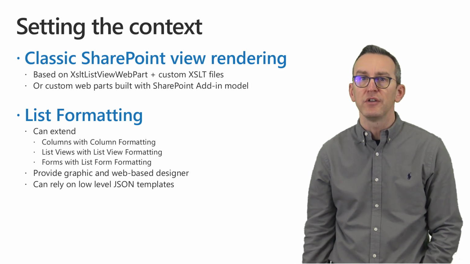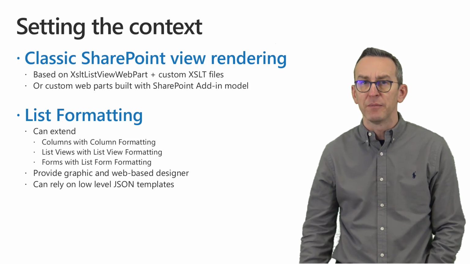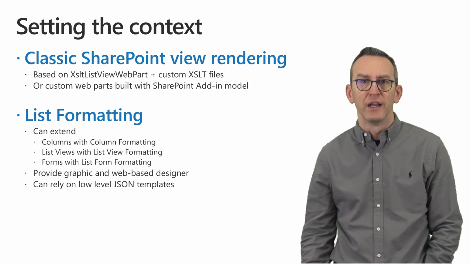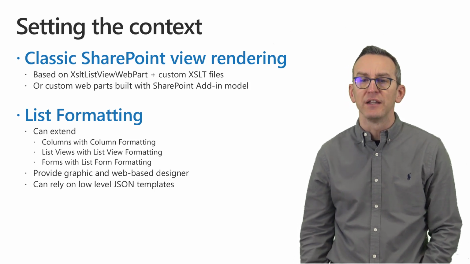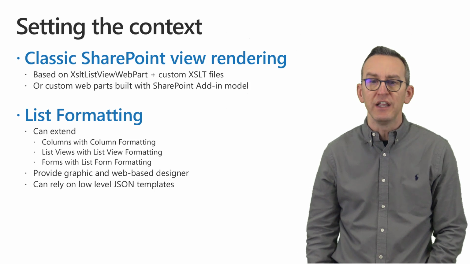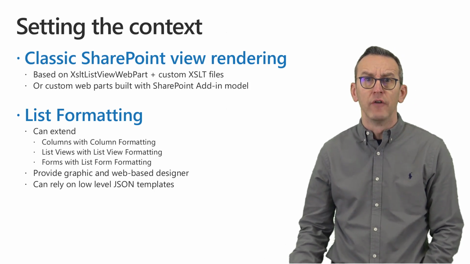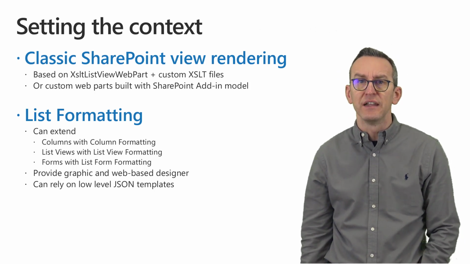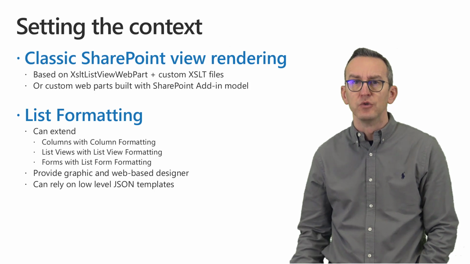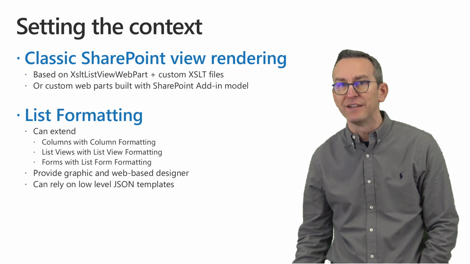Nowadays, in the modern UI of SharePoint Online, we can simply rely on the list formatting capability, which is an out-of-the-box one, really simple to use and really powerful. With list formatting, we can extend the columns of a list using column formatting. We can extend the rendering of a whole list using list view formatting, and we can also extend the rendering of forms to add or update items using the list form formatting capability.